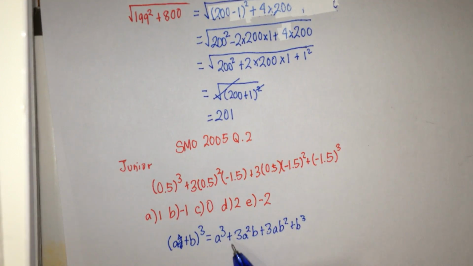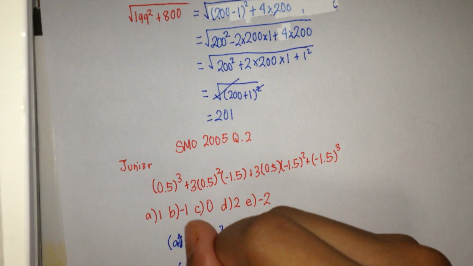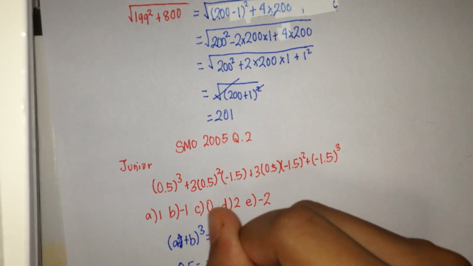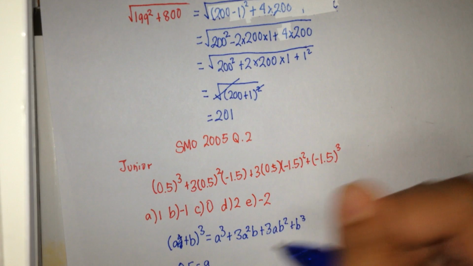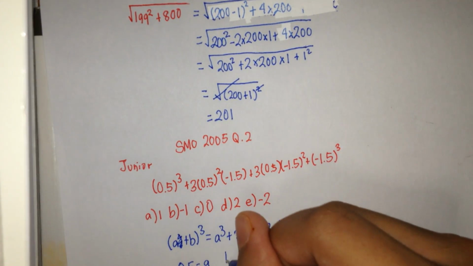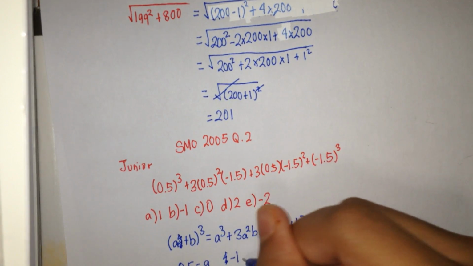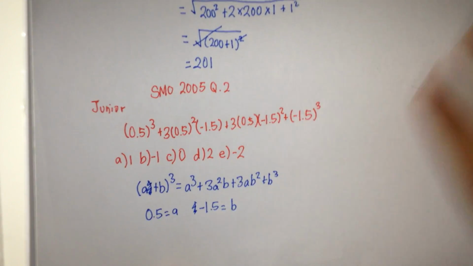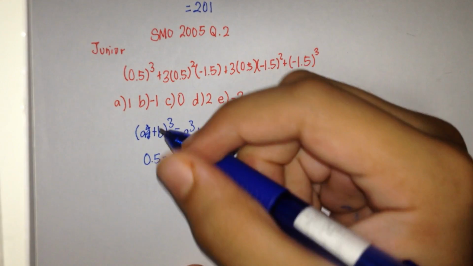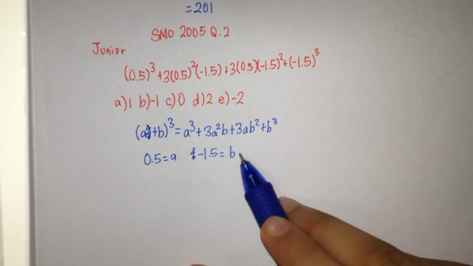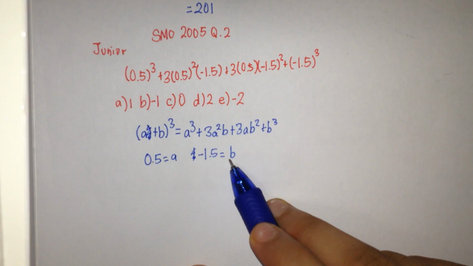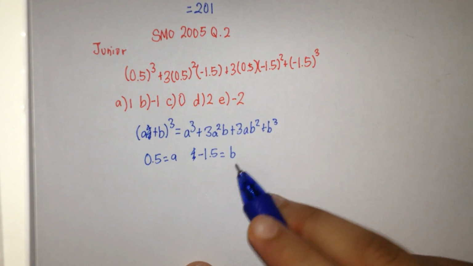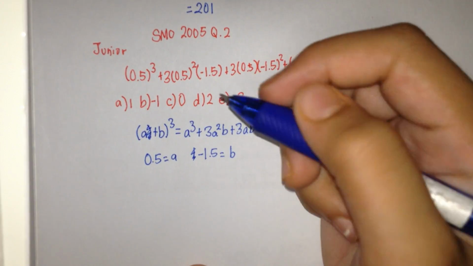Now, this question looks very familiar. What if I replace 0.5 equal a and, sorry, negative 1.5 equal b. Now, when I have negative 1.5 as b, I can already factorize this thing.